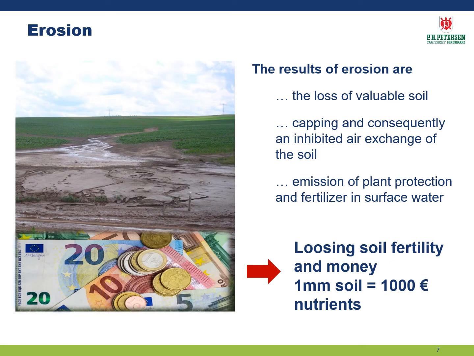The results of erosion are the loss of valuable soil, capping and consequently an inhibited air exchange of the soil, and emissions of plant protection and fertilizer into the surface water. This means that you are losing soil fertility and money, because 1 millimeter of soil loss costs you €1,000 nutrients and preparation costs.